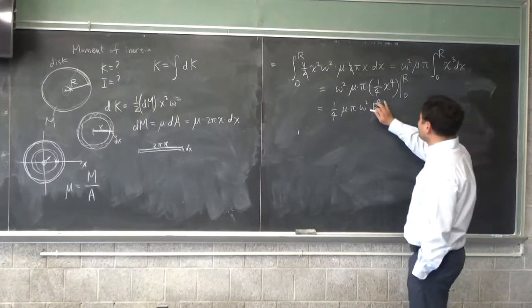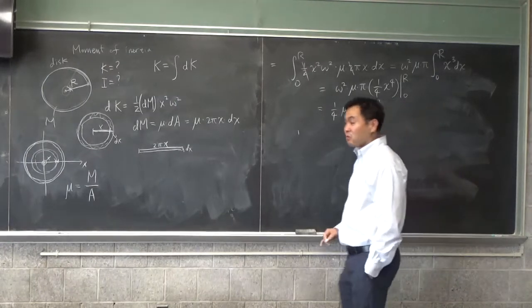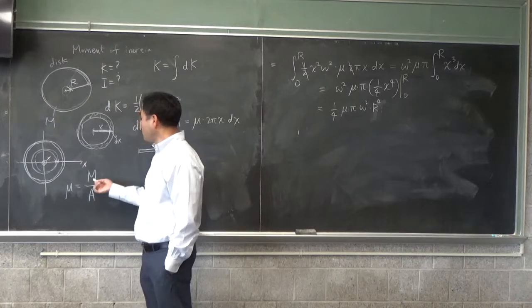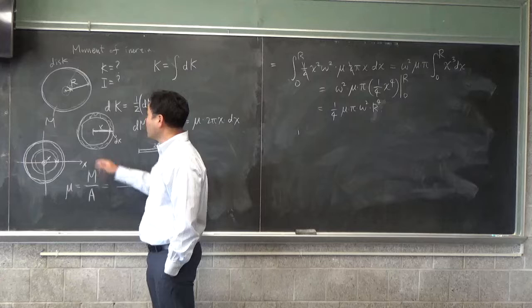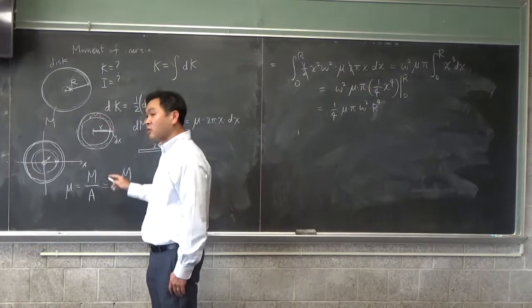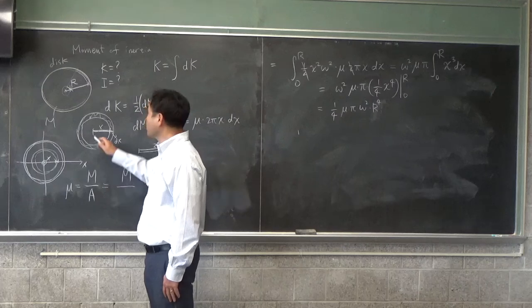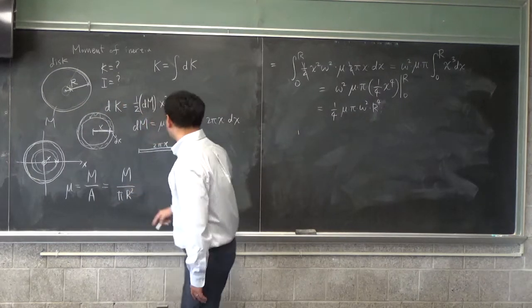But this is not satisfactory because we invented our mu while solving this. So we have to figure out what mu is. Mu is mass divided by the area, but what is the area of this circle? Pi r squared. We plug that in here.